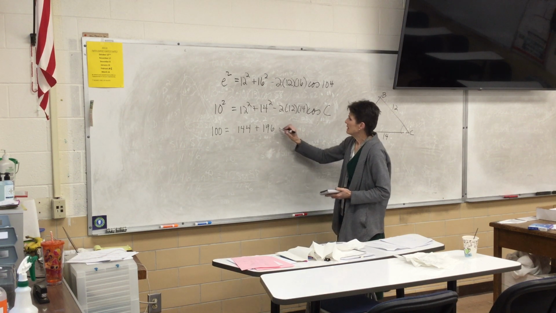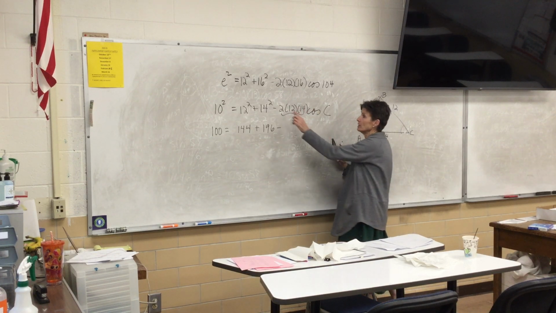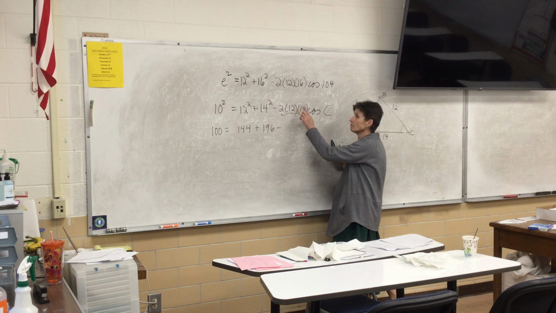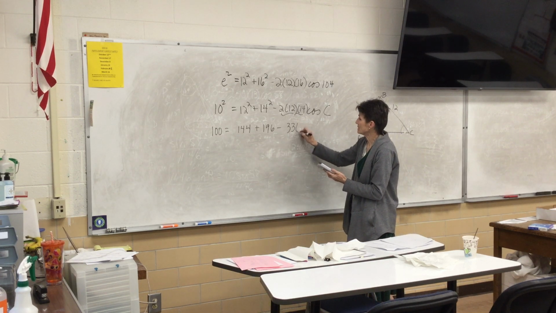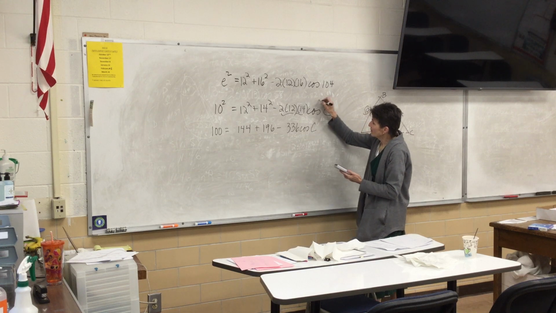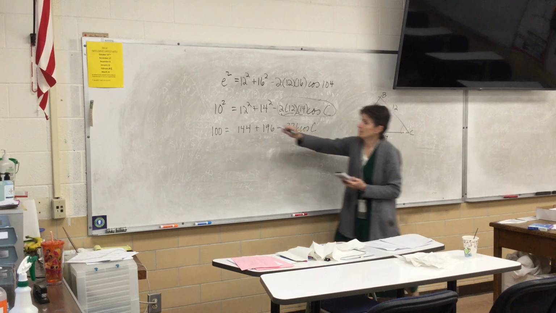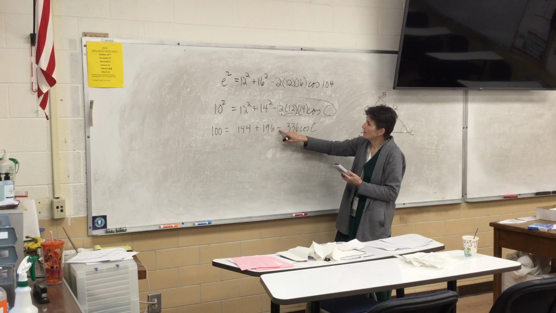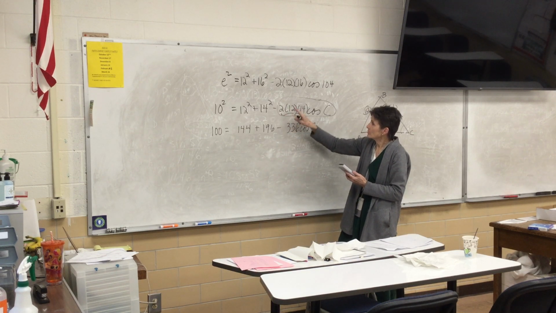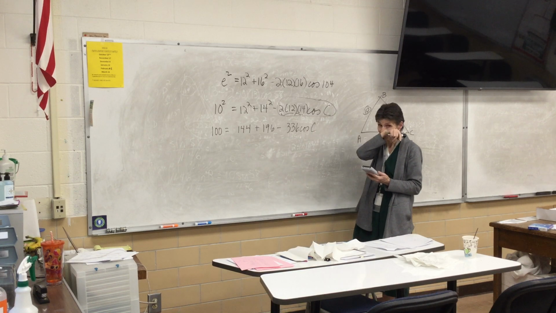Yeah. Now, these 3 numbers are times each other. 2 times 12 times 14, that's 336 cosine C. This is all hooked together. So I did my 100, my 144, my 196, and then minus 2 times 12 times 14, which is 336, cosine C.